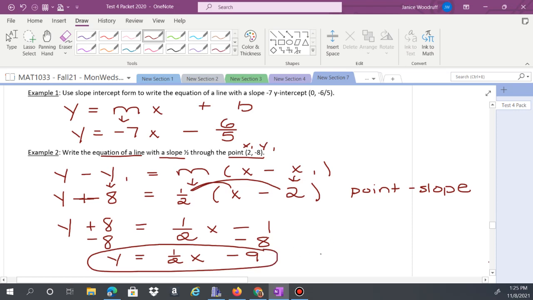And that is our equation of a line. We already know the slope. What else do we know from that line? Now we have the y-intercept.